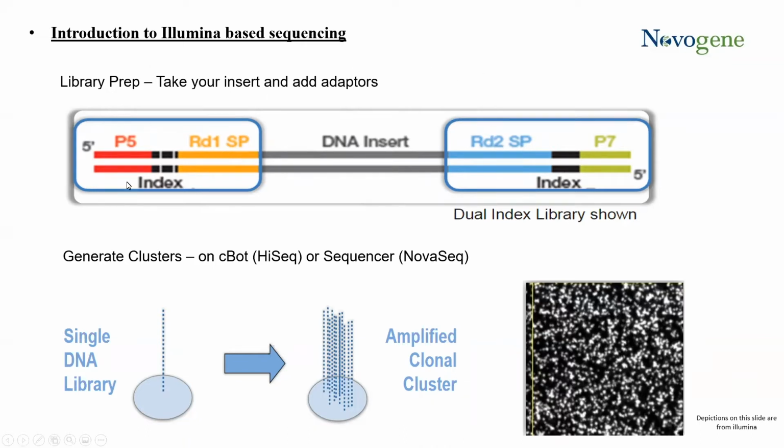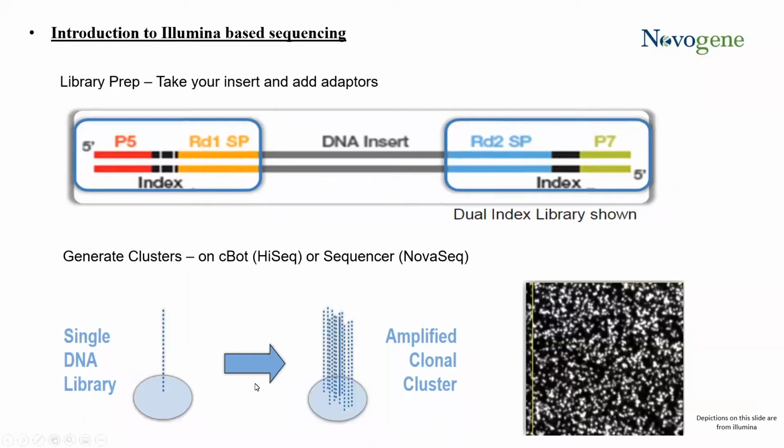So on this end, we have our 5' end, so our P5 adapter, which will bind to the flow cell, has been added to our DNA insert. And likewise over here with our P7 adapter. So this allows us to do sequencing by synthesis on the machines themselves.